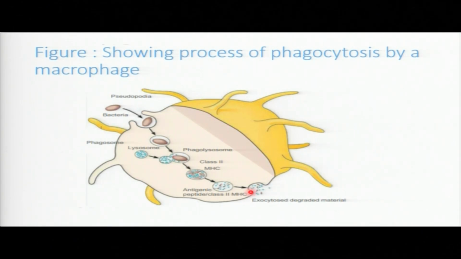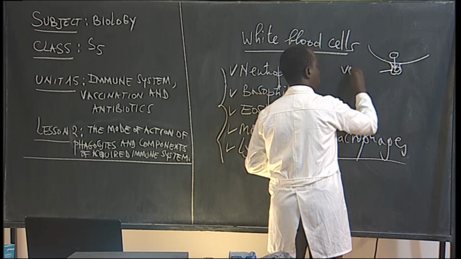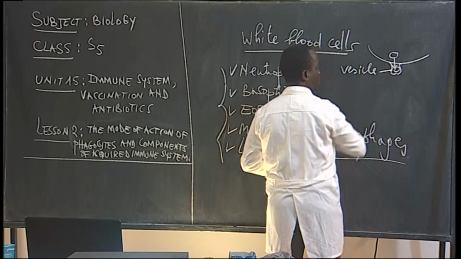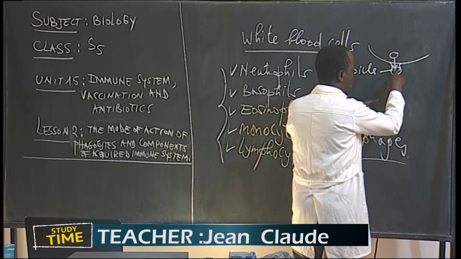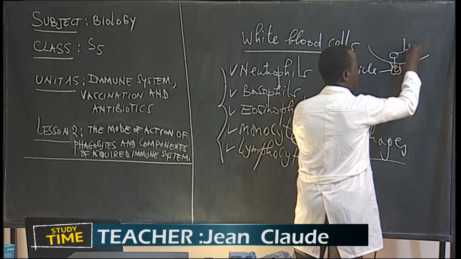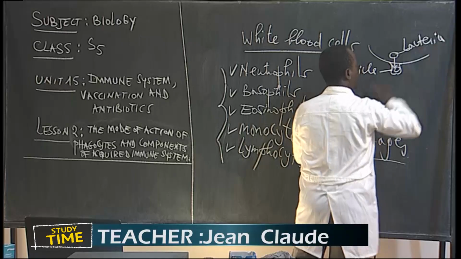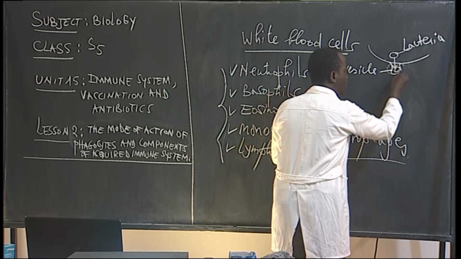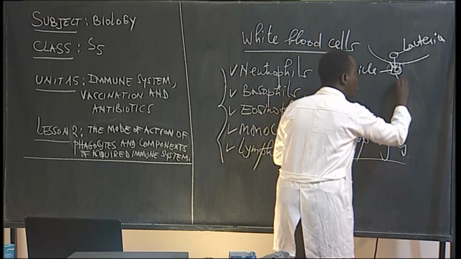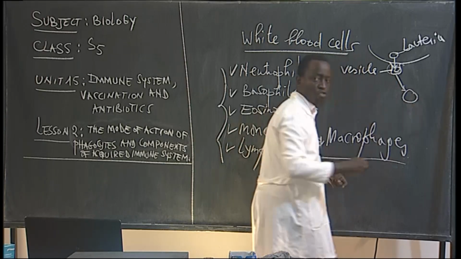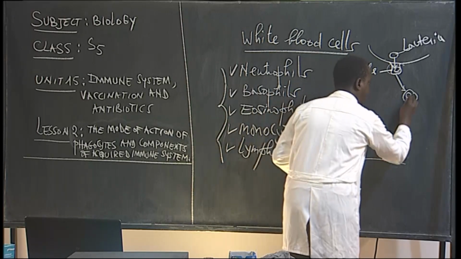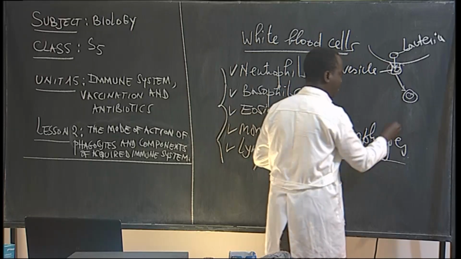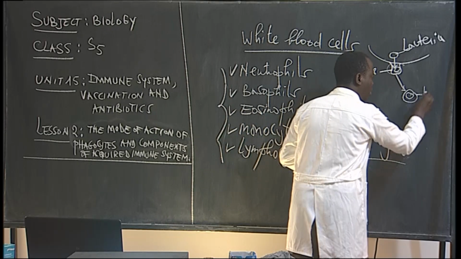And this one is called a vesicle. And this one is our bacteria, the germ. Together this set forms what you call a phagosome. And then this one is going to be detached, it's going to be removed. You see? This is what you call a phagosome.